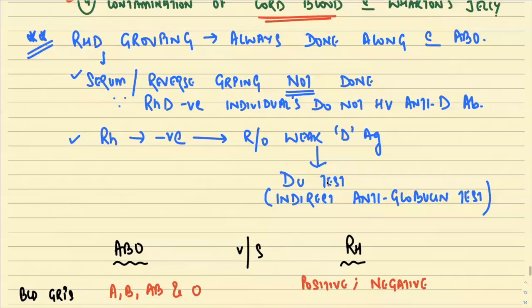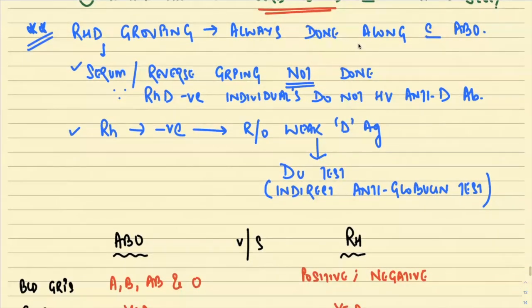Now about the RH grouping, if we see, RH grouping is always done along with the ABO grouping. You should always carry out RH grouping along with the ABO grouping, remember, okay? Now, in case of RH grouping, remember one thing, that any person that is coming out to be RH positive doesn't have the corresponding antibody, and even the RH negative individual doesn't have anti-D.